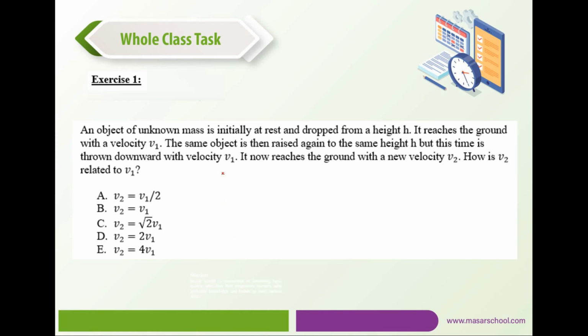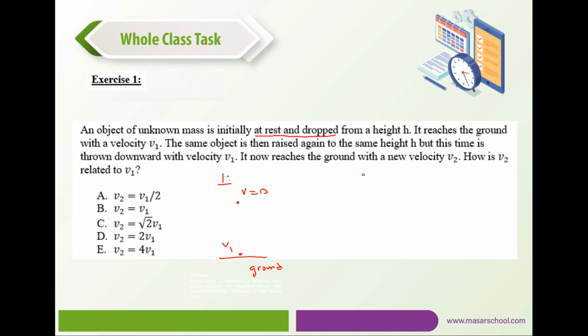So the first thing that we're gonna do is that this is the ground. Here we have an object. In the first case, initially at rest and dropped, so we're gonna leave the object to fall freely from rest. It will reach the ground with a velocity v1.